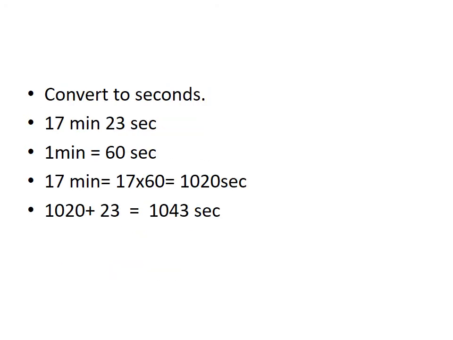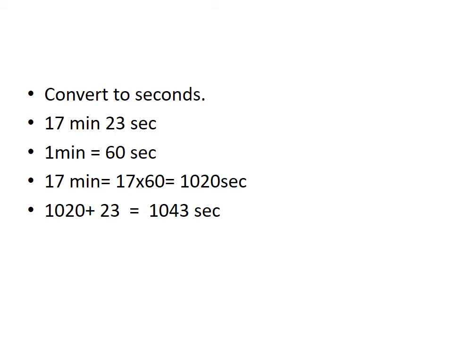Now, children, let us see one more example. Convert 17 minutes 23 seconds into seconds. Now, again, you can see two units. First one is minute and second one is second. Now, you can change minutes into seconds.